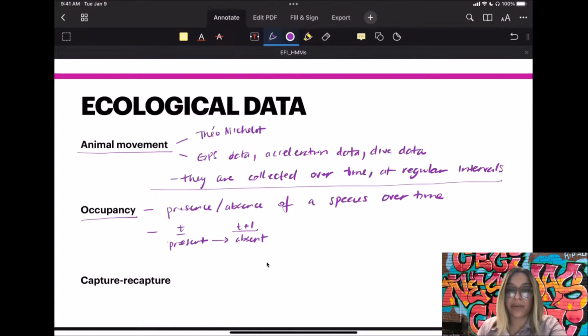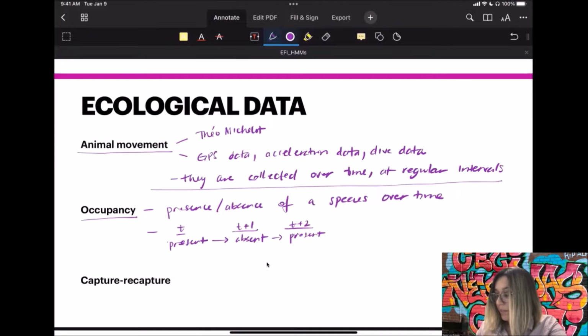So you might want to understand what happened in between. Maybe at the next time point, they are present. So there's some sequence of presence, absence patterns over time, and this can be described with the hidden Markov model as well.